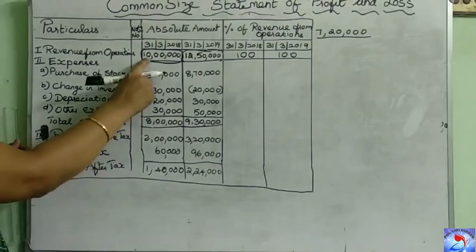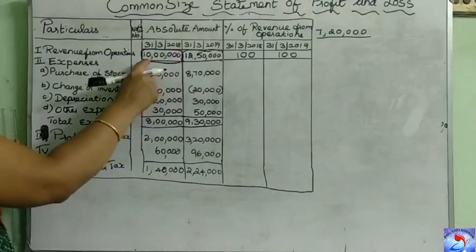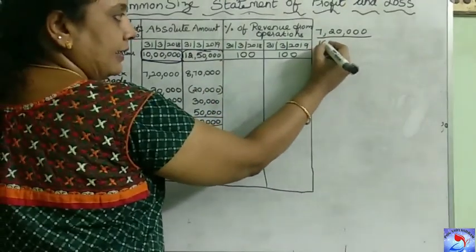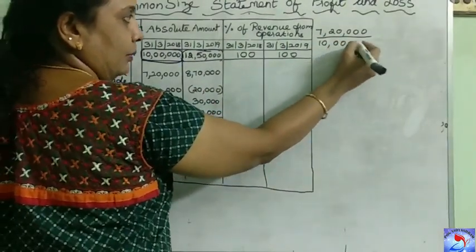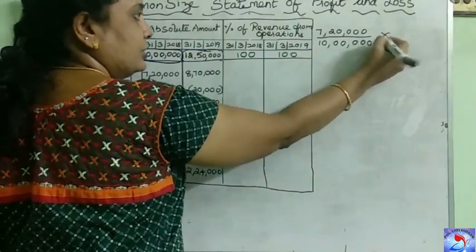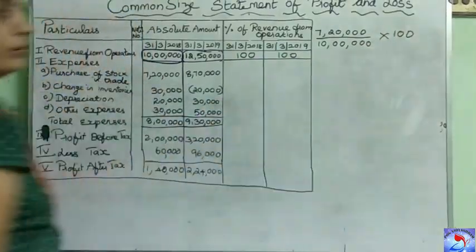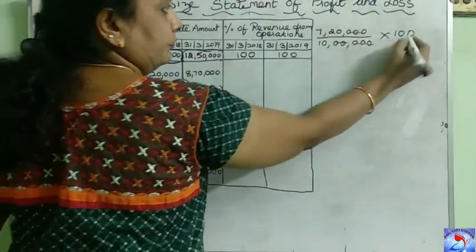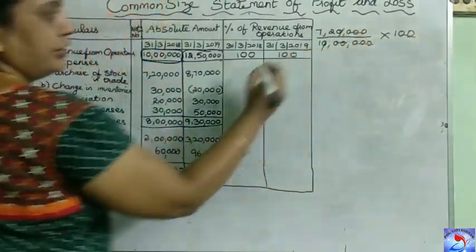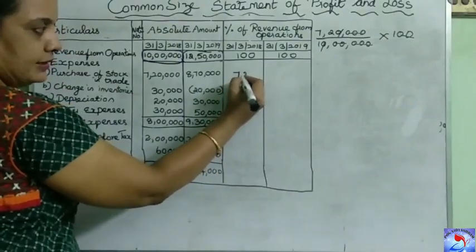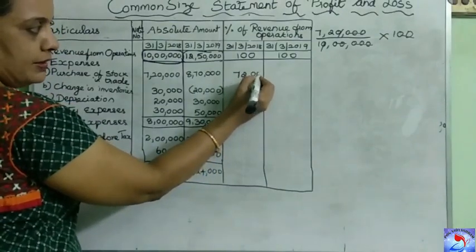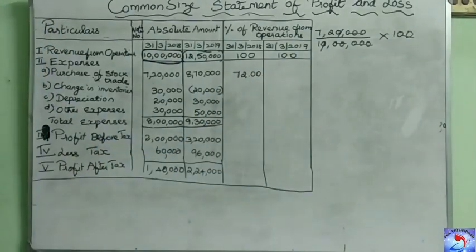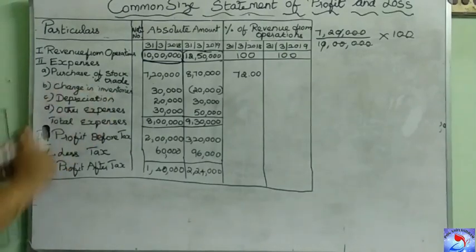Revenue from operation for 2018 is 10 lakh. Take 7,20,000 divided by 10 lakh into 100. If you calculate, you get 72. So write 72%.